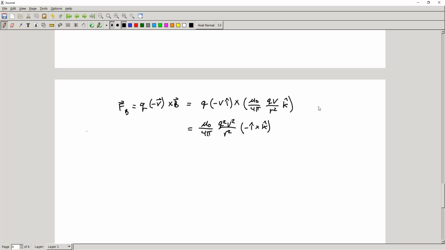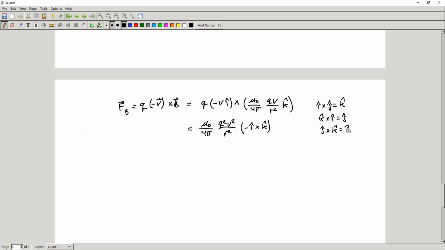Or quite simply, I would just write down, well, I know that i hat cross j hat equals k hat, and then every permutation of that is going to be the same, right? I can bump this k hat over to this side. Everything slides to the right one, so that means that k hat cross i hat equals j hat. And I guess I'll do the last one. I could bump the j hat over, so it'll be j hat cross k hat equals i hat.